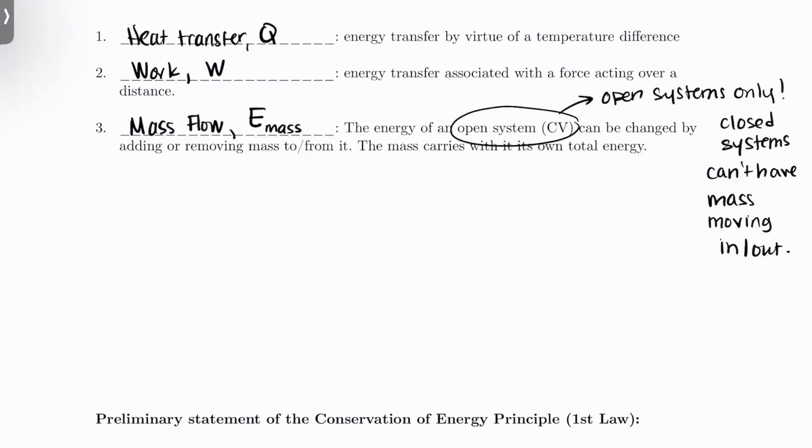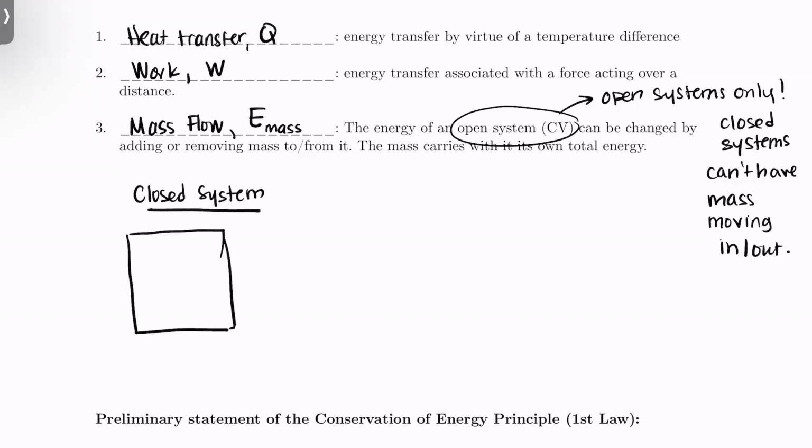Okay, so just to draw a picture for a closed system, if you imagine a rigid box, then we have heat that could come in or out, and we have work that could come in or out. But that's it. We have two modalities of energy transfer for a closed system.